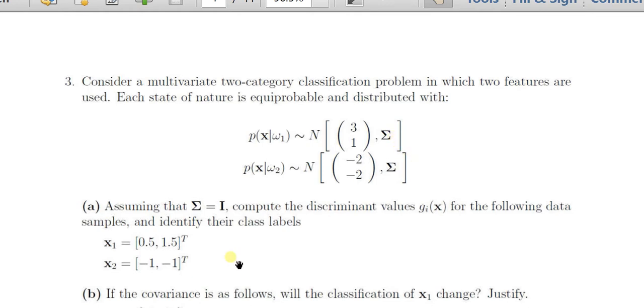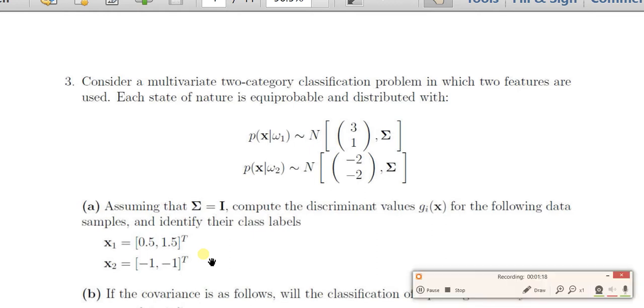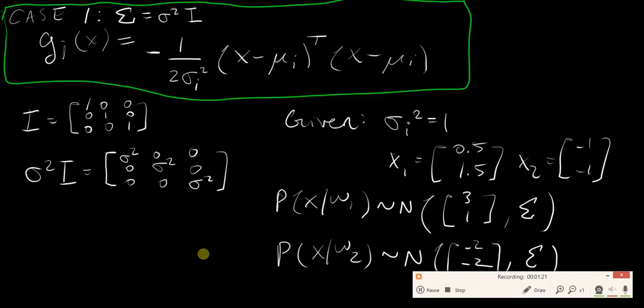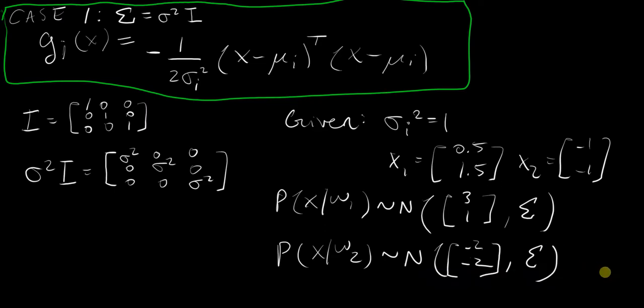So for the first part, we assume that the covariance matrix is just equal to the identity matrix, and then they want us to find g_i of x given these samples here. That's where this formula comes in, the green box here.